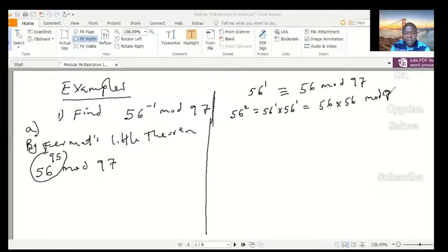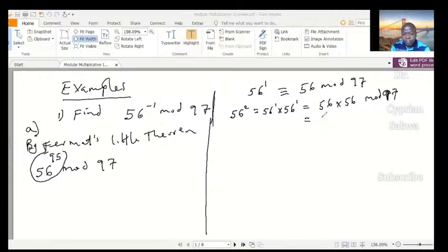You're asking yourself, what's the remainder if this number is divided by 97? When you use your calculator, the remainder will be 32.